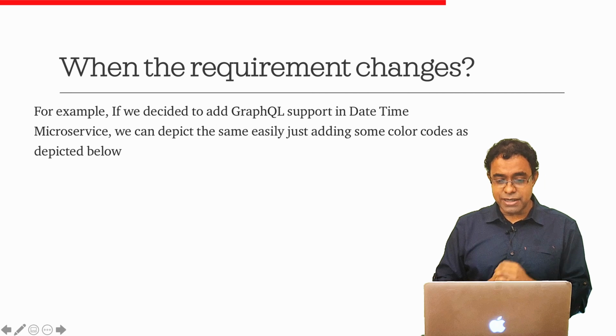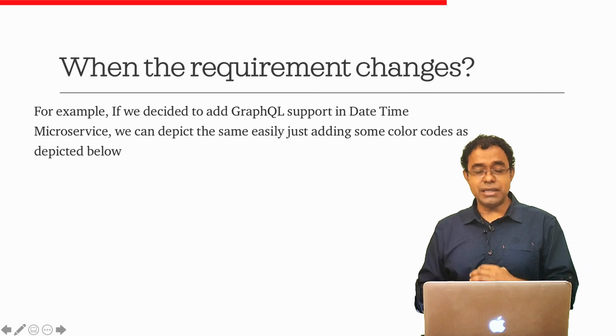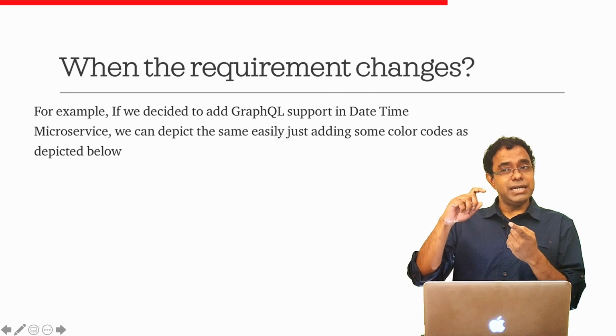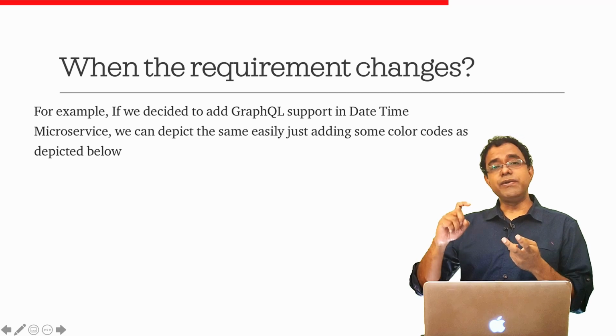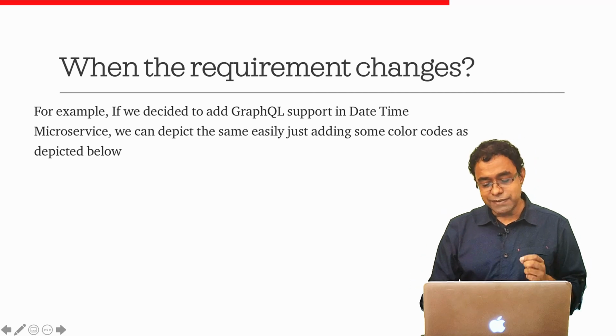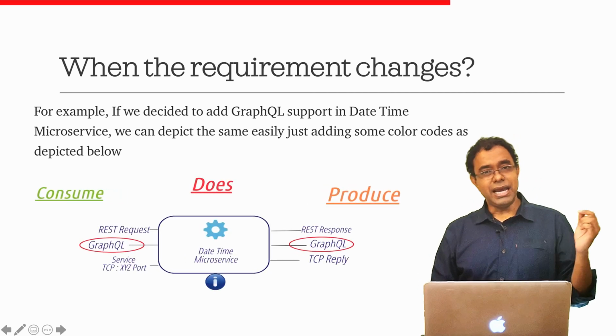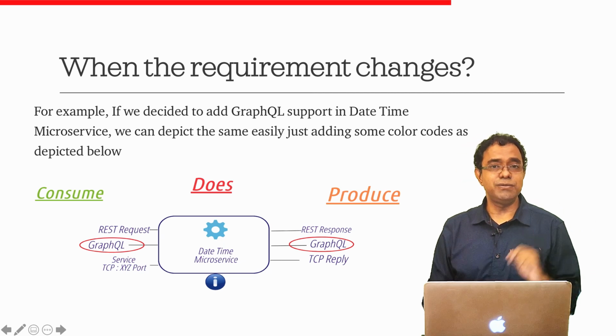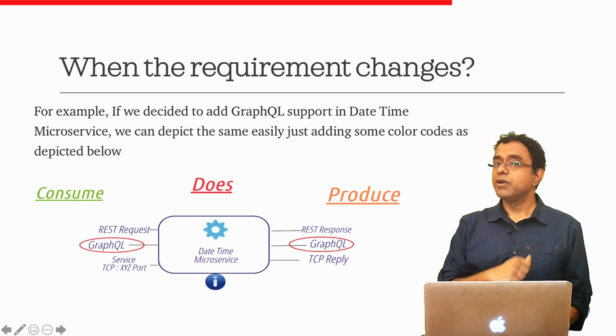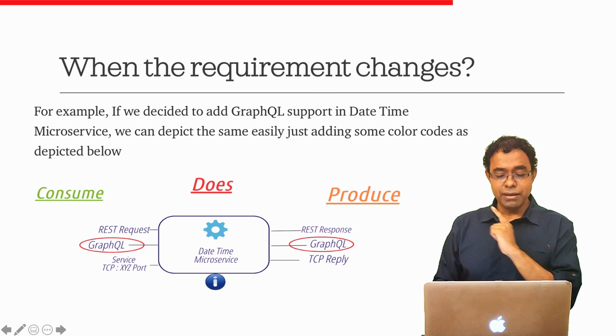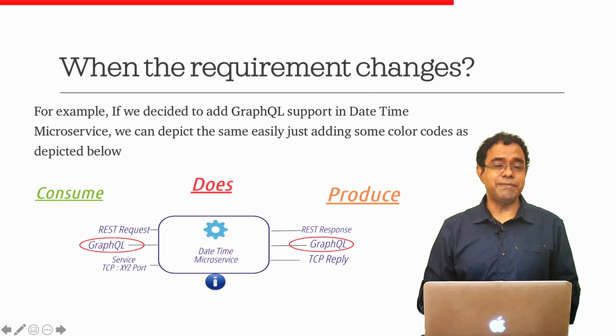For example, if we decide to add GraphQL support in the datetime microservice, so it is already supporting REST, we want to support GraphQL, we can just depict it like this. Add one more consume, which is GraphQL request, and produce GraphQL reply. As simple as that.